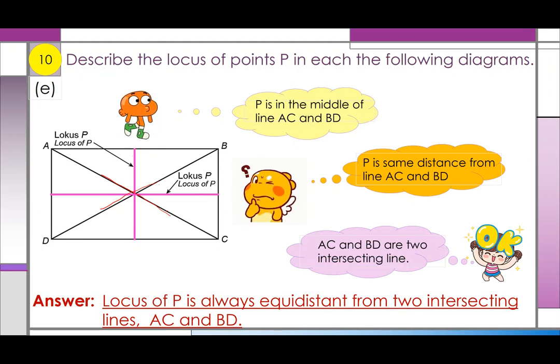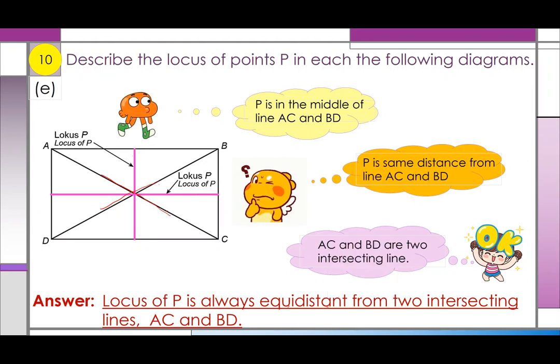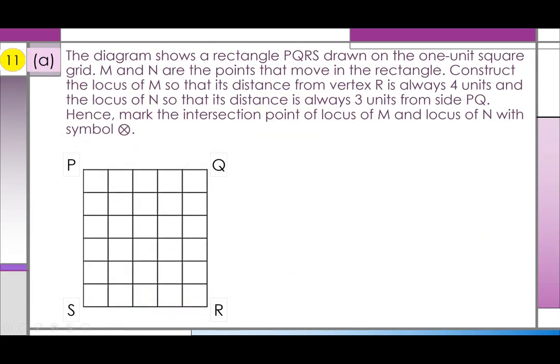So the locus of P is always equidistant from two intersecting lines AC and BD.